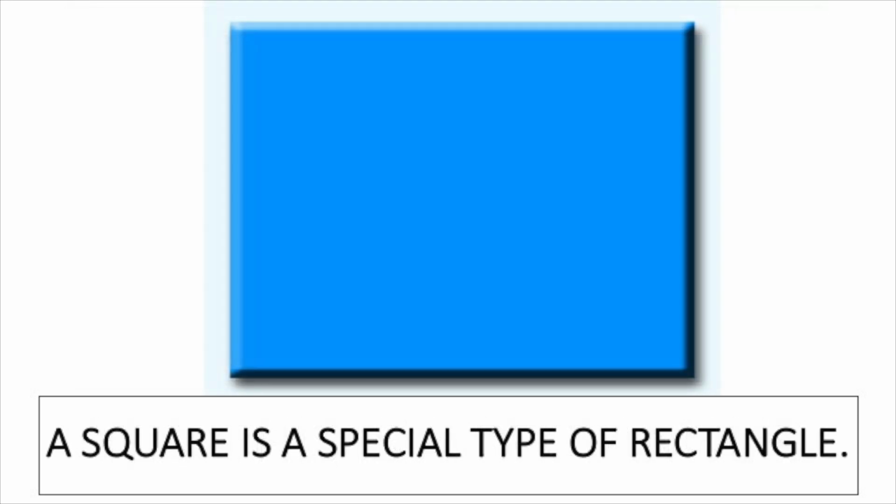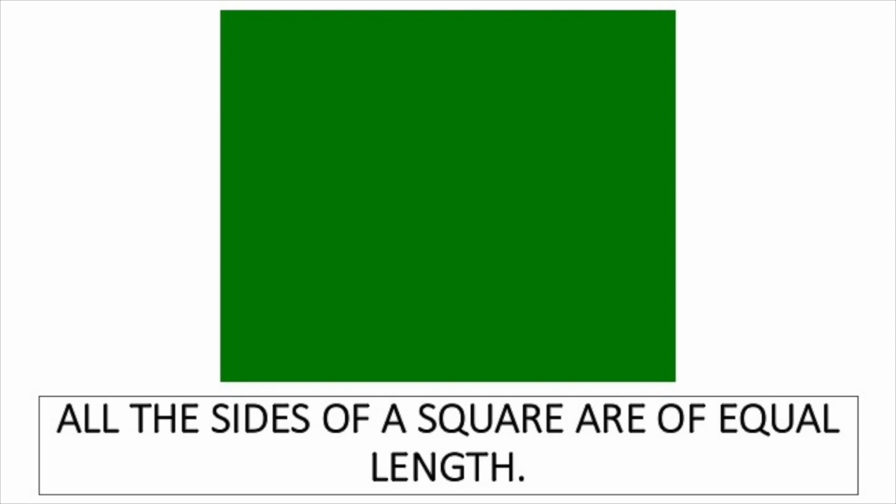A square is a special type of rectangle. All the sides of a square are of equal length. So the standard rectangle, opposite sides equal, but the square, all sides equal.